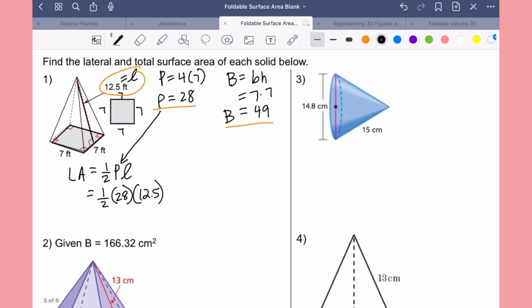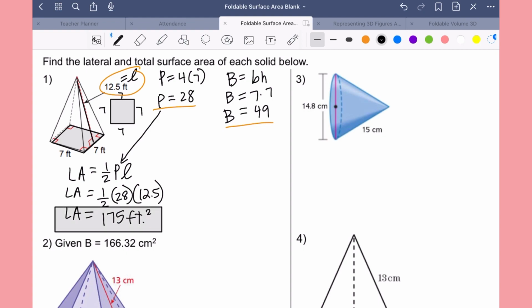And then you would let Desmos do the work for you. Also, I had students ask me, yes, this continues to go down. Sometimes I just forget to write it. We would use Desmos, type that up. 1/2 of 28 times 12.5. That's going to be 175 feet squared. So there's my lateral area.